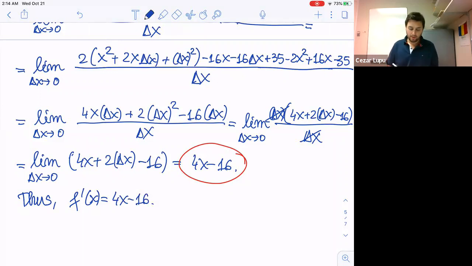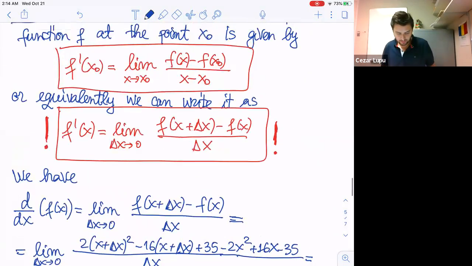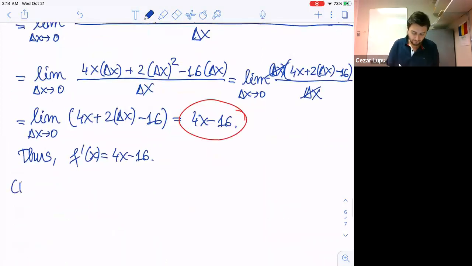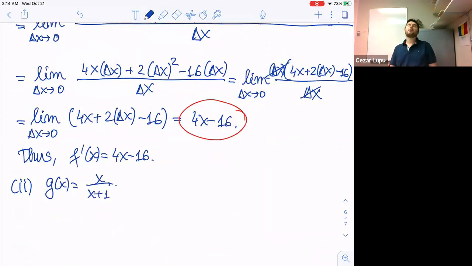Now let's see the second part, because we had two functions here, yeah? The second one. So for the second one, we have this function. So g of x is x over x plus 1. Of course, if you want to find the derivative, you can apply the quotient rule, and you can write it very rapidly, I would say.